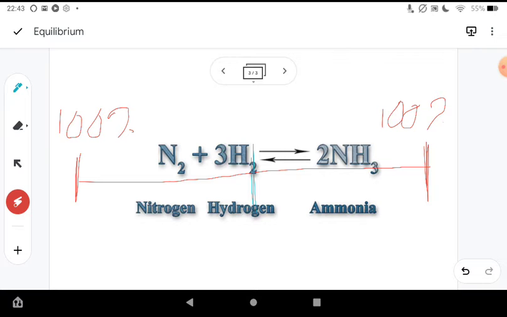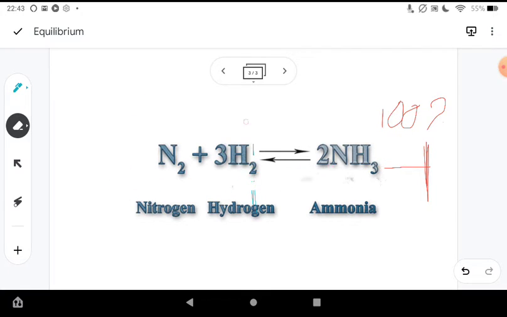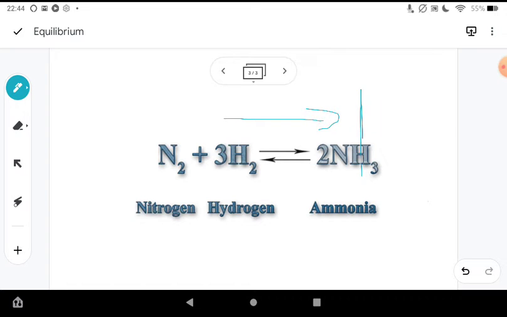So the first one, concentration. If you think about concentration, if I increase the concentration of one of these sides, right? If I increase the concentration of, let's say, nitrogen and hydrogen, that means there is more nitrogen and hydrogen to react, and as a result, the equilibrium position will shift over here.